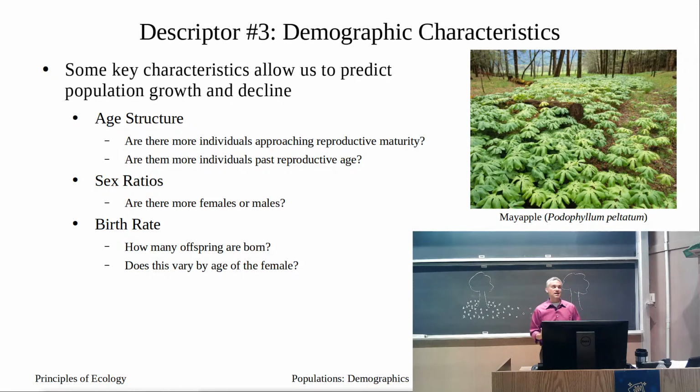So are we seeing most of the reproductive output when they first become reproductively mature and then output drops off, or is it maybe a buildup of reproductive output and then a taper? Who knows? But we'll talk about birth rates and how they go hand in hand with age structures.